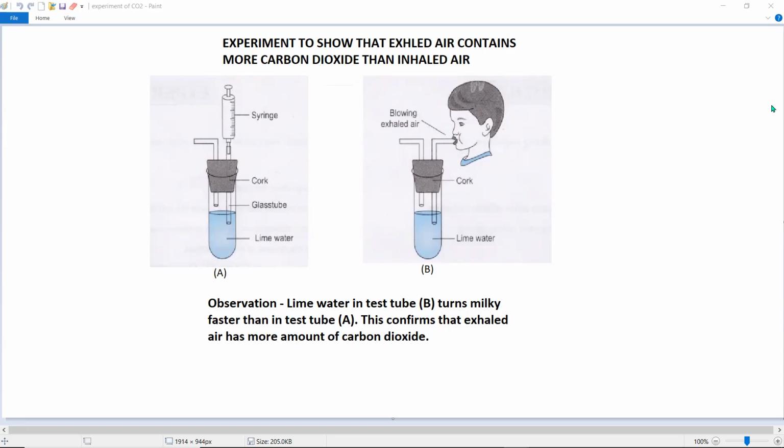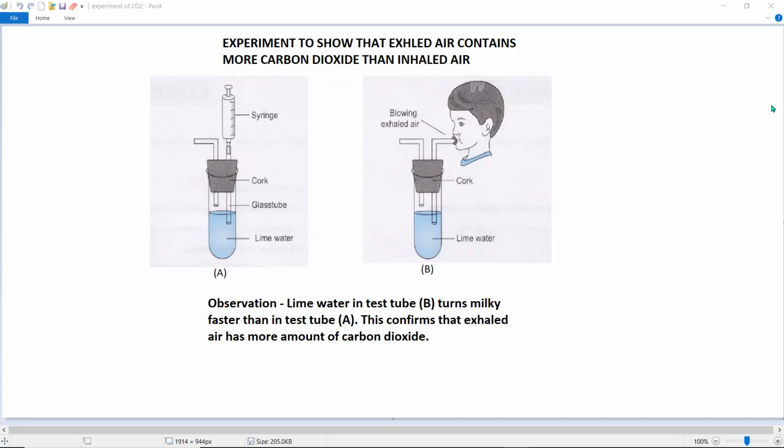Pour lime water in both the test tubes by taking out the cork. Fit the cork again. Mark the test tubes A and B. Remember, the long bent tube is immersed in lime water, while the short one remains suspended in air.